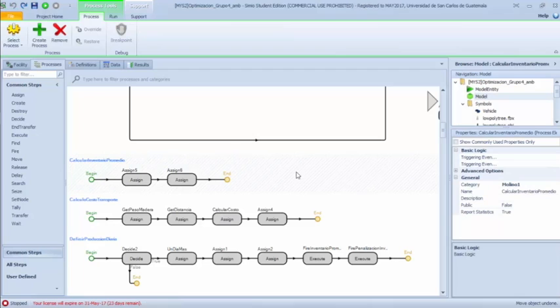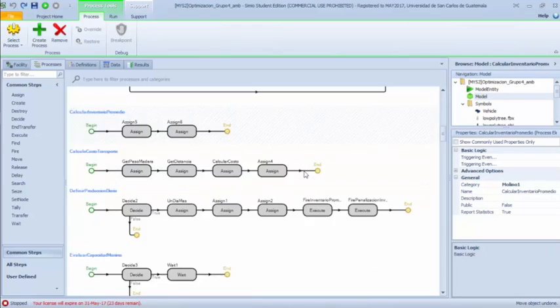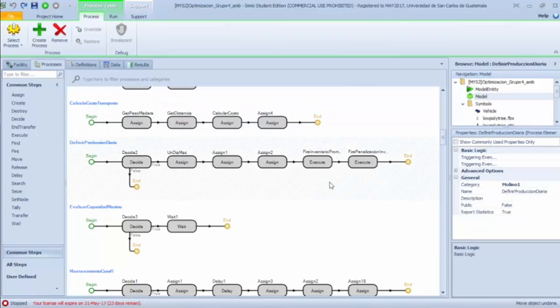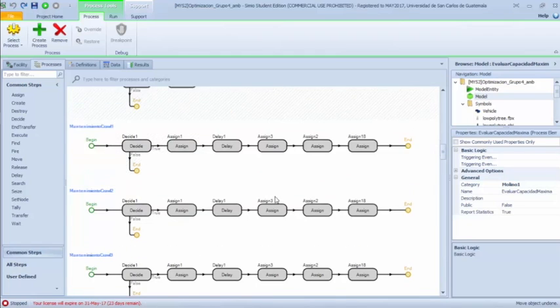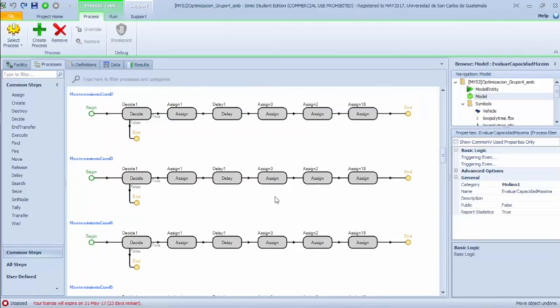Here are processes for the calculation of the average inventory, a process to calculate the transportation costs, the daily production of paper, and the maximum capacity of each mill's inventory. All of these are the processes that we used to calculate the work hours of each crawler and their maintenance procedure.